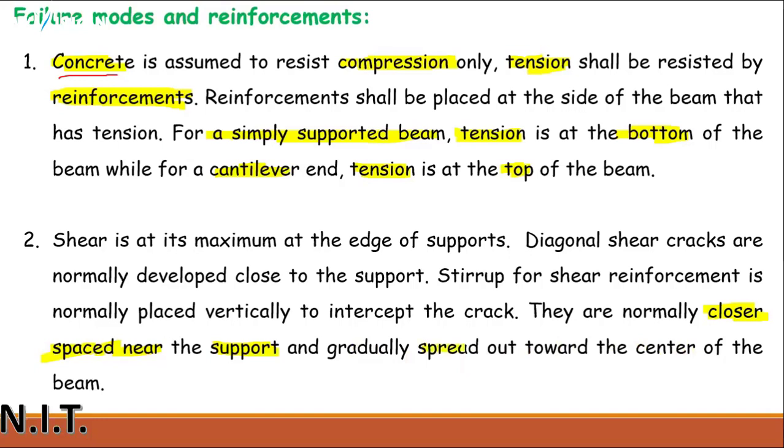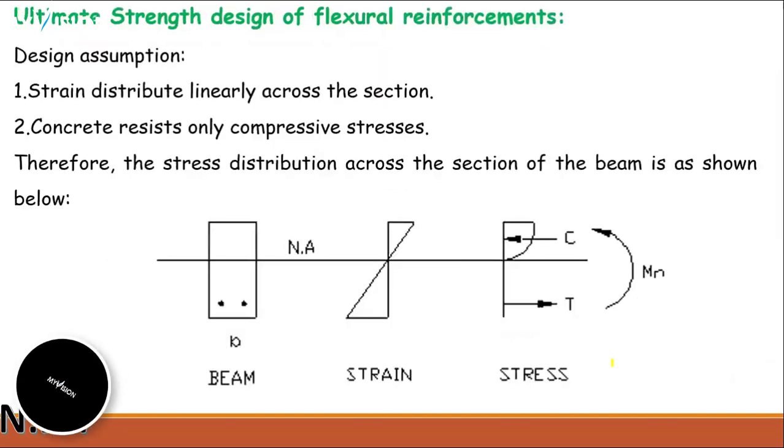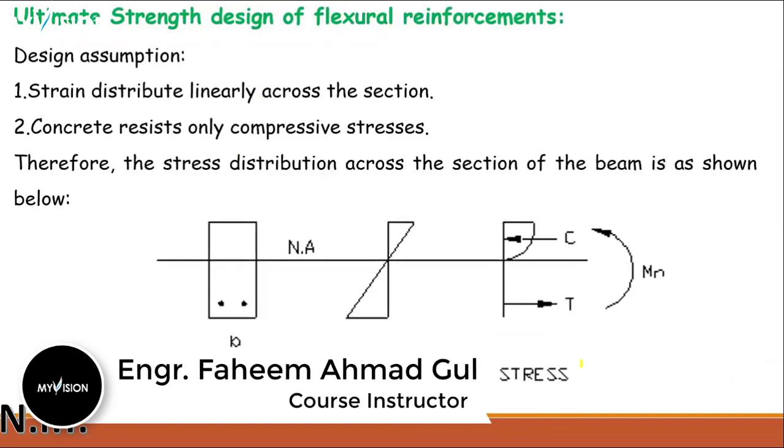We take more space toward the center of the beam. Closer spacing near the support and spread out towards the center. Clear? By taking this important point, we can move towards the formula.